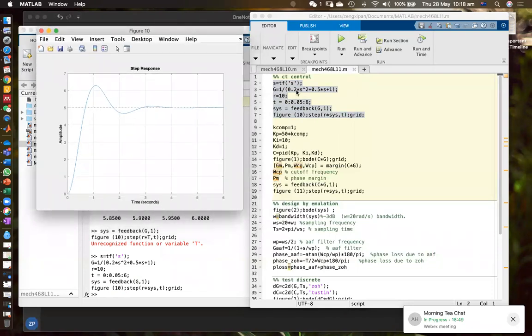Okay, so look at the problem here. We have our reference equal to 10. Our step response, although it's stable, is stable at 5. So it doesn't go to 10. So we have a large steady state error. Okay, so that's the first problem. And also it's quite slow.